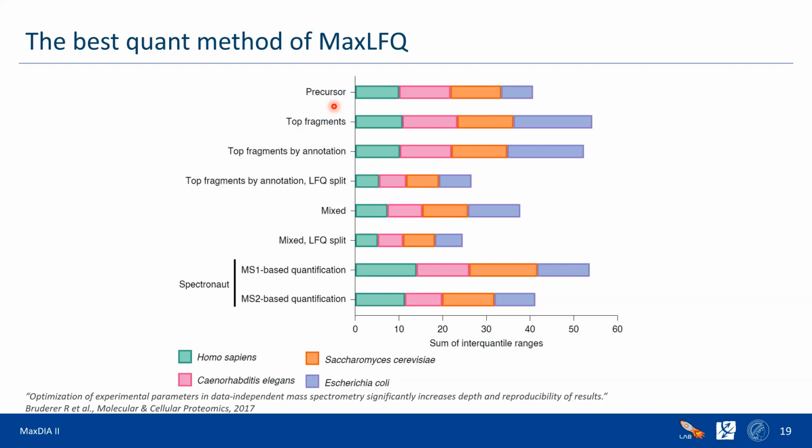But as you see, if we're using just precursor intensity information, we're getting interquantile ranges of around 40. From another point of view, let's not take peptide intensity for normalization at all. Let's just take the top fragments. And what do I mean by top fragments? We have sample 1 and its own top fragments.